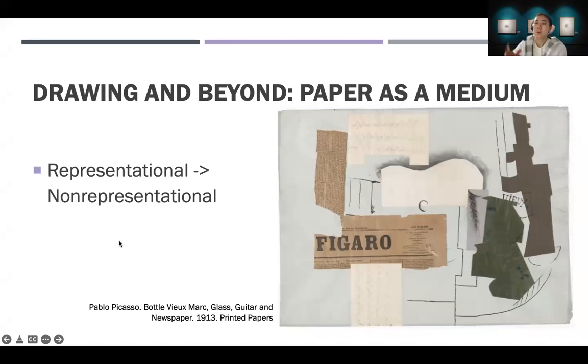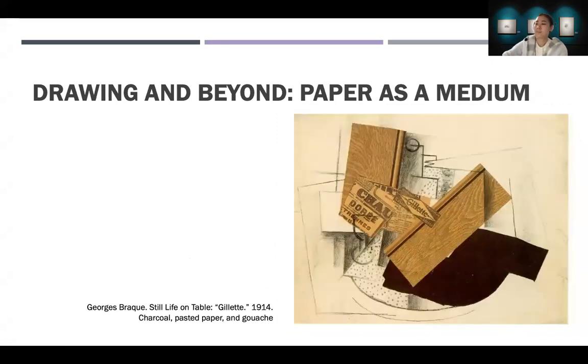So the first step was by Pablo Picasso. And Georges Braque was Picasso's friend, and he began experimenting in earnest with bringing pieces of industrially printed paper directly into his abstract drawing, like this.